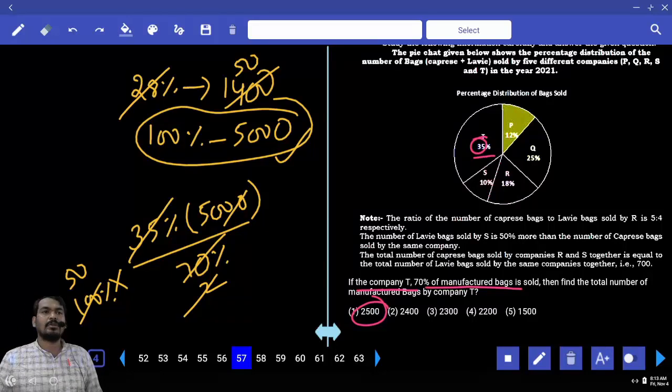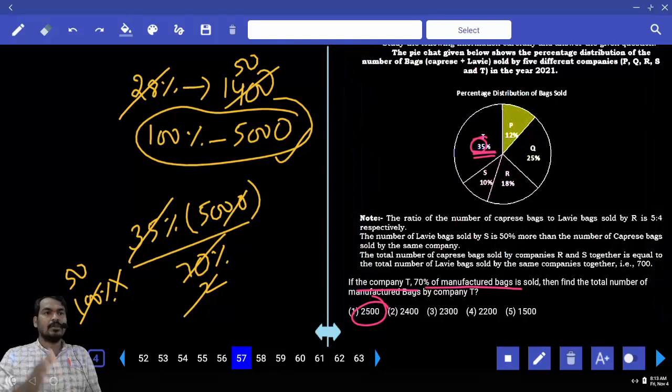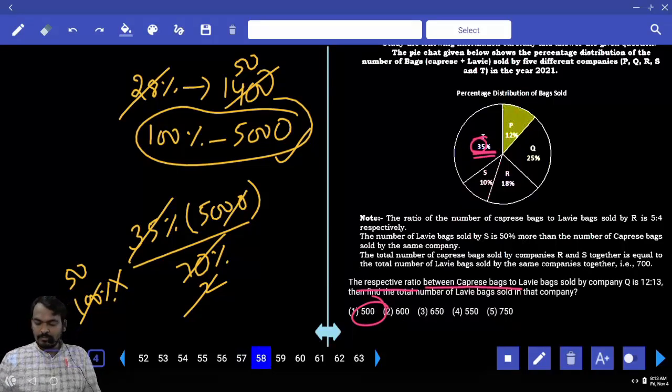What is 50% of 5000? 2500. Next question, number 58.